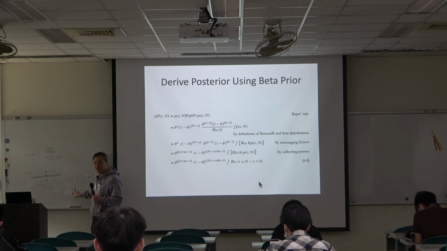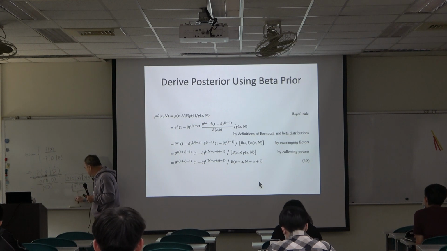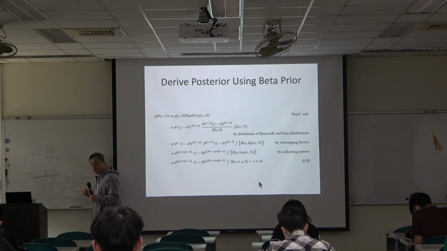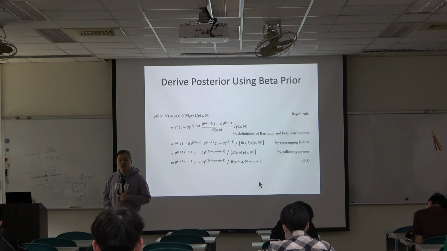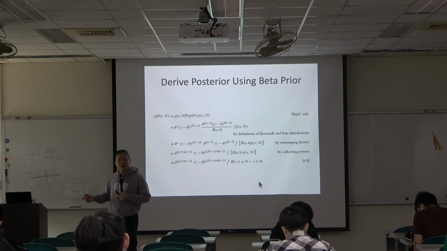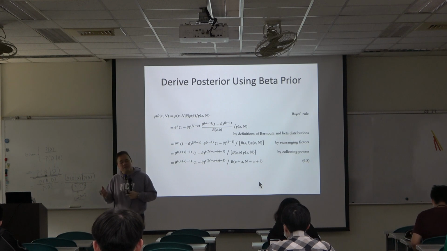The denominator is P of D, so theta is nowhere to be found. That pretty much means that this is a constant, or you can say this is a normalizing term. Sometimes in Bayesian statistics we say that's the evidence. Remember, we talked about the name of this term before.